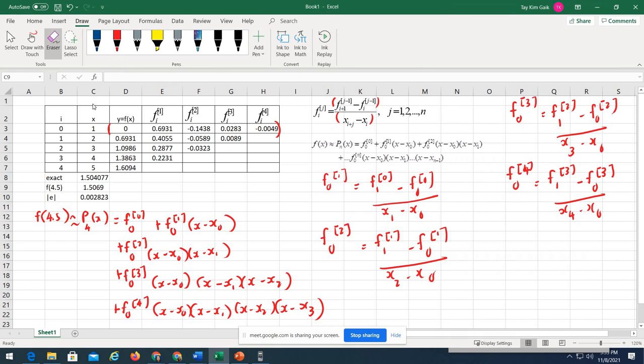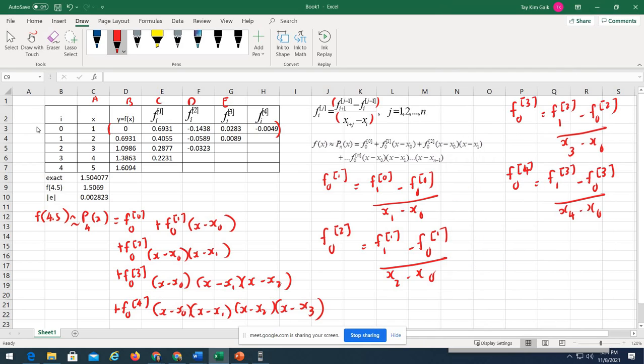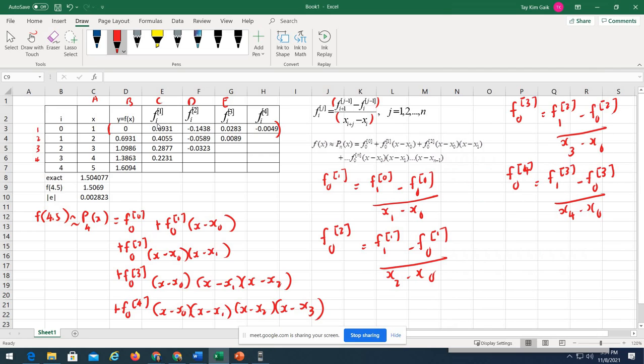This one is in column A, this is B, C, D, E. Refer to the columns in the calculator, A, B, C, D, E. And the rows actually start from 1, 2, 3, 4. You have 4 rows only. So the F01, you want to calculate this cell.